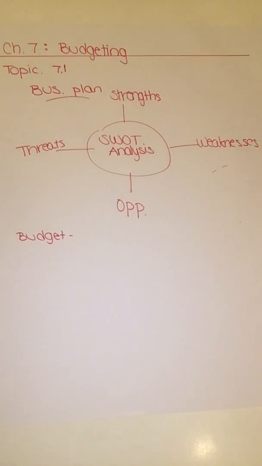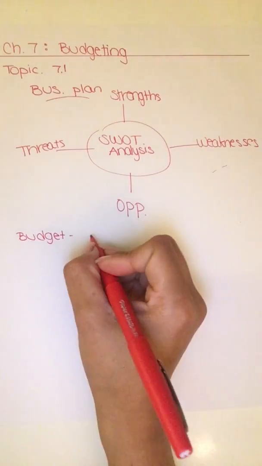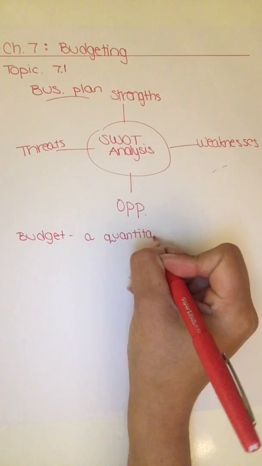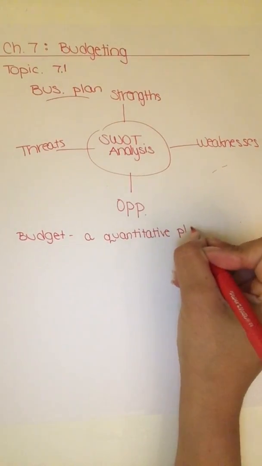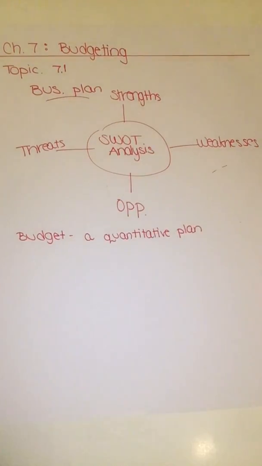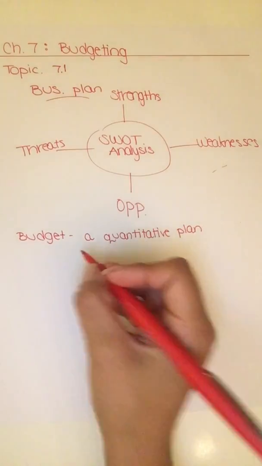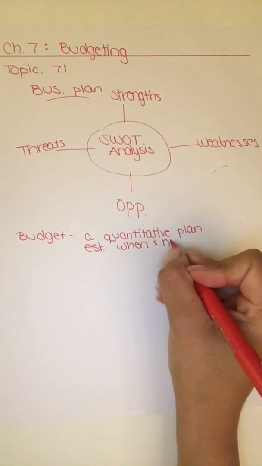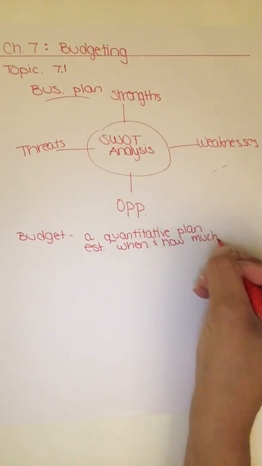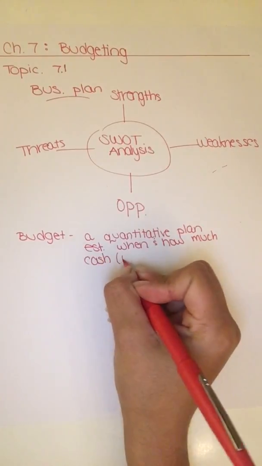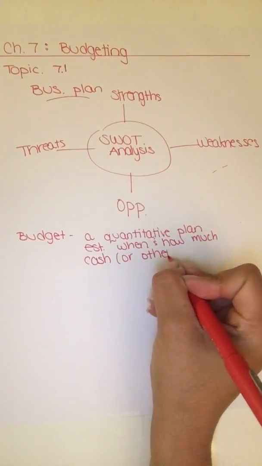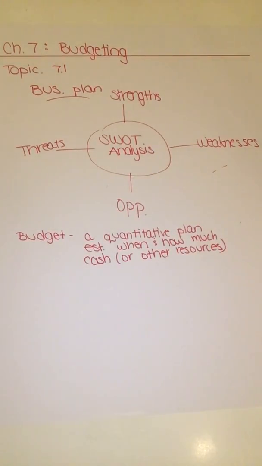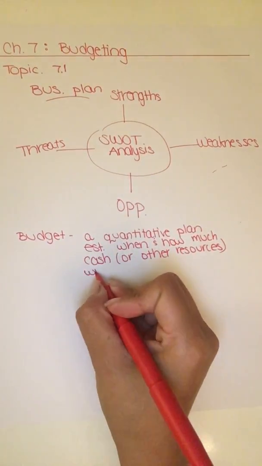It says a budget is a quantitative plan estimating when and how much cash or other resources will be received.